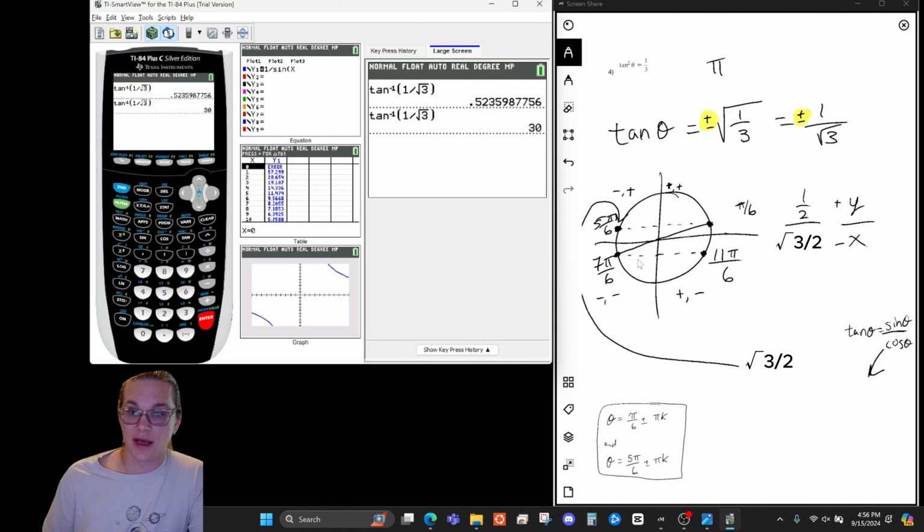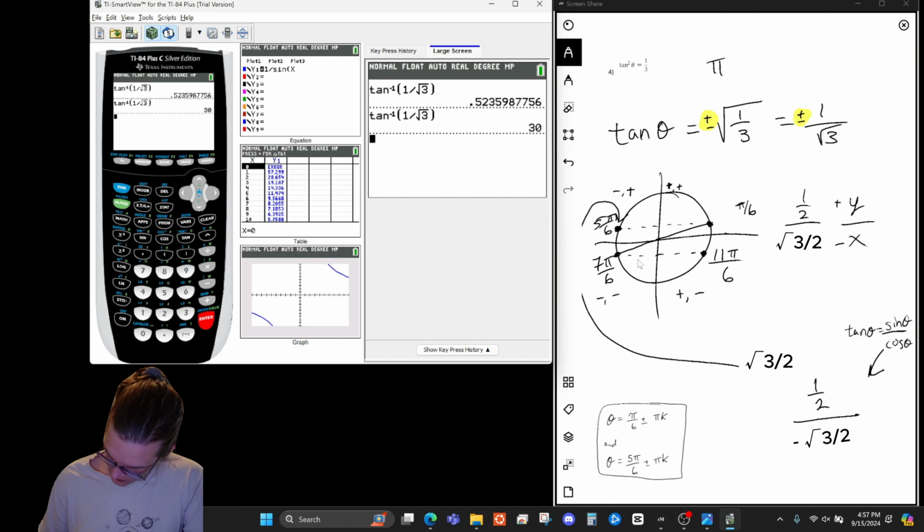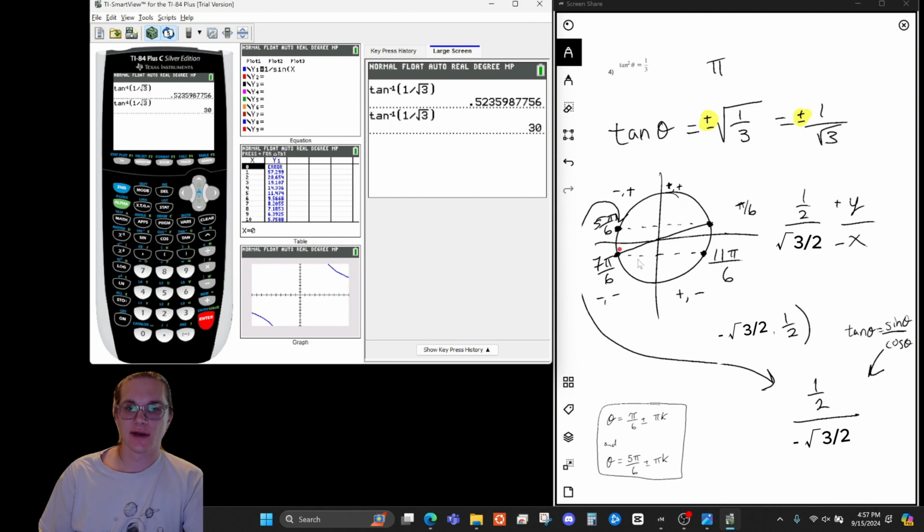Say we're starting with this 5 pi/6, we get a positive y over a negative x, right? Because the coordinate here is negative root 3 over 2, 1/2. That is the coordinate here. When I put the y over the x, this answer is now going to give the negative version. Because you have a positive over a negative, you result in a negative.